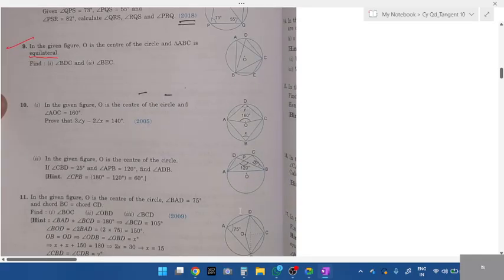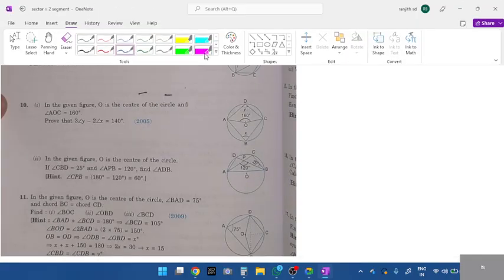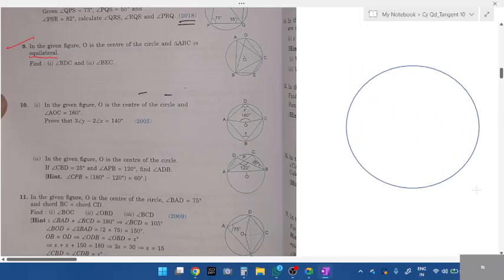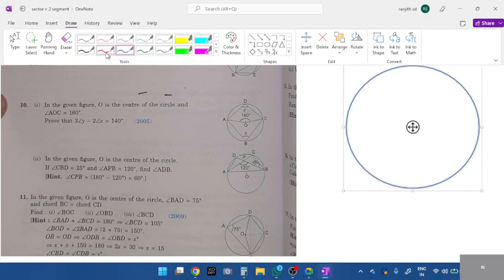Next. The 10th one is important. Look at the 10th one. 10th question.